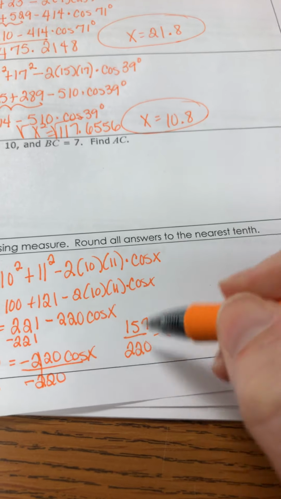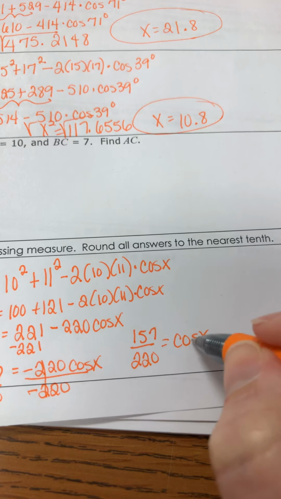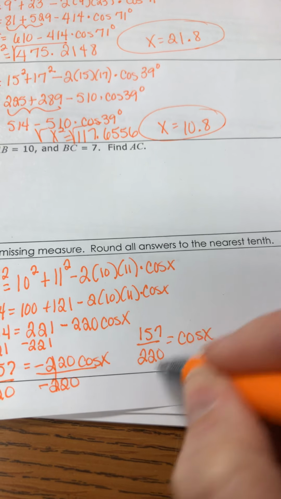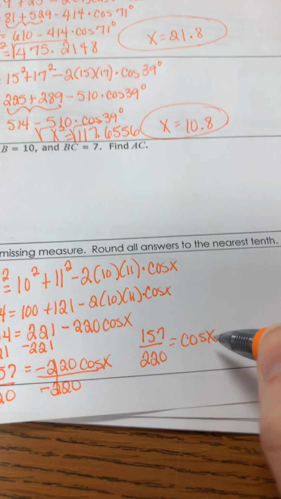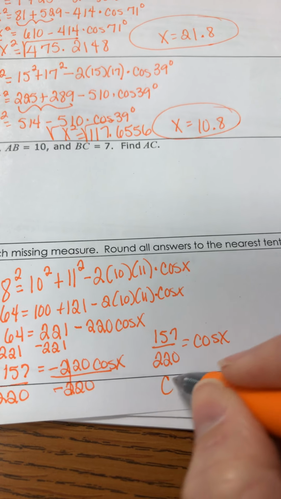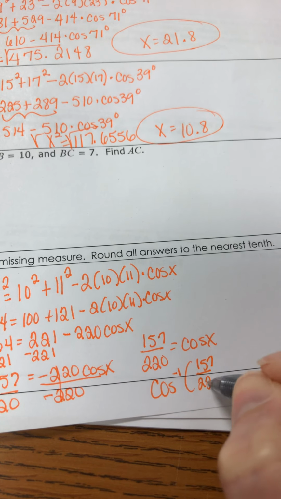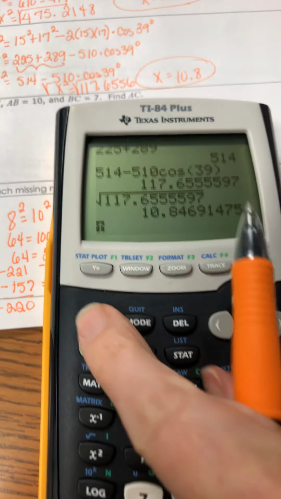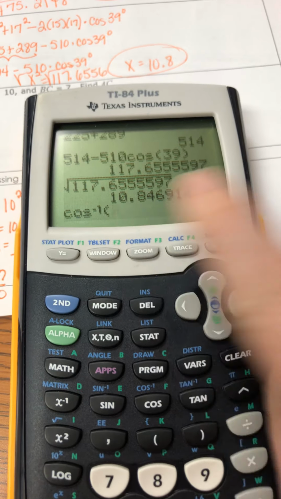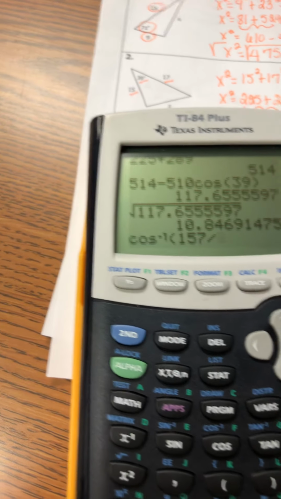Now this might reduce, it might not. I don't care, because in order to get to x, this is the cosine of x. In order to get to the angle that x is, I'm going to have to find the inverse, or the arc cosine. So go to your trusty calculator and do second cosine, that's your inverse, and we're going to do 157 over 220.